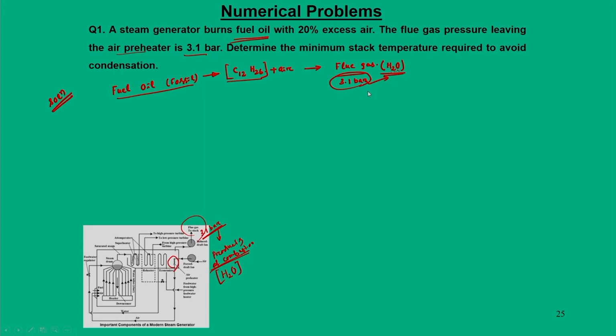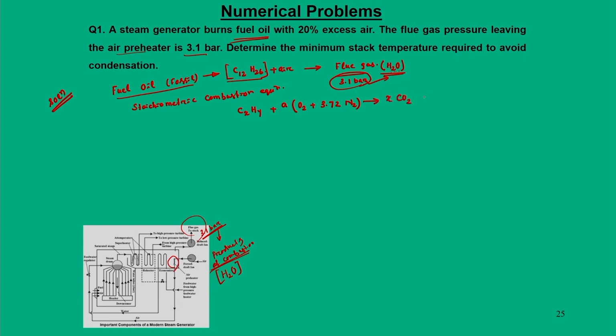To solve this problem, first you have to find the stoichiometric combustion equation. Any hydrocarbon CxHy, when it mixes with air, where air contains oxygen plus 3.76 times nitrogen, so if you take 1 mole of oxygen there has to be 3.76 moles of nitrogen, gives x times CO2.